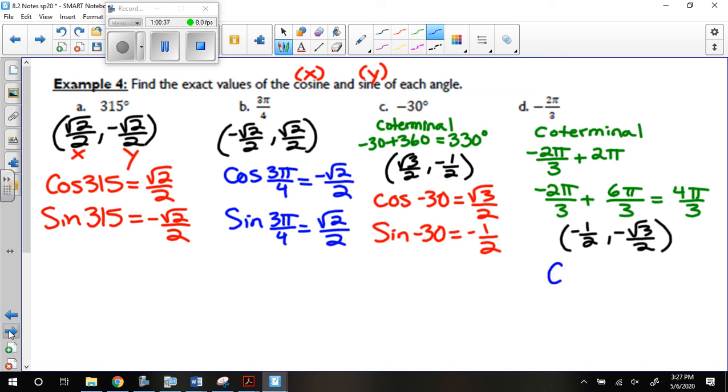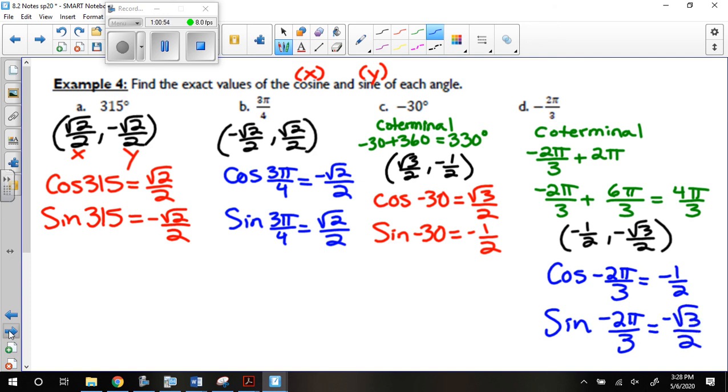So cosine of -2 pi over 3 is the x value, so that's -1/2, and sine of -2 pi over 3 is the y value, which is negative square root of 3 over 2.